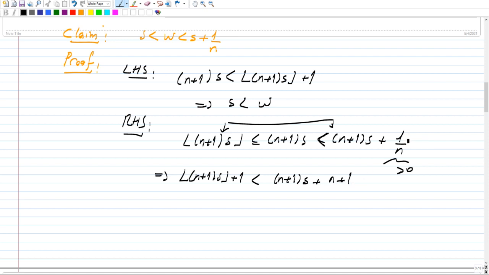If you add 1 to this side, you get n plus 1 over n. Now, just divide both sides by n plus 1, then we get the desired result, w less than S plus 1 over n. So we proved both the right hand side and the left hand side.